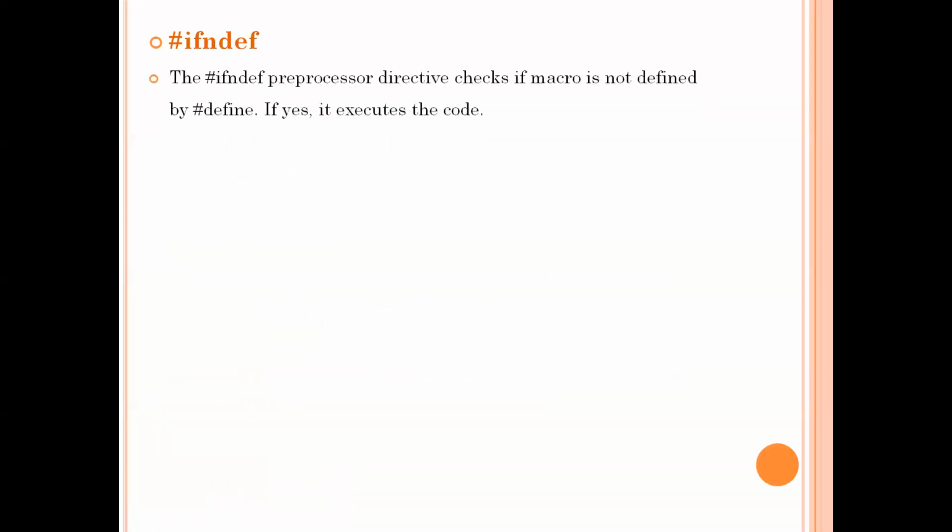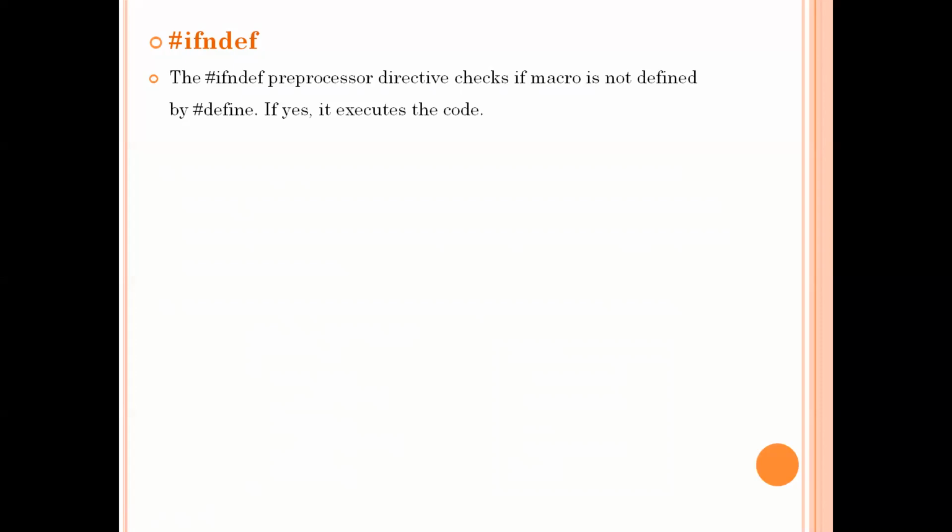This #ifndef directive is just the reverse of the #ifdef directive. For this directive also, we will supply the macro name as a value. I mean, it will take the macro name. If that macro name is not defined by using the #define directive, then the #ifndef block will be executed.